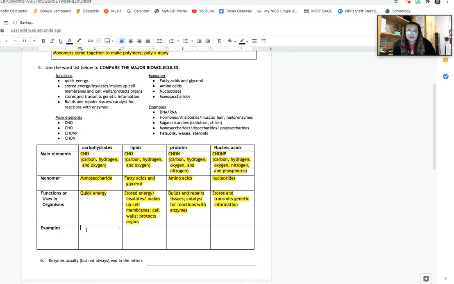Finally, for examples, carbohydrate examples are monosaccharides, disaccharides, and polysaccharides. For lipids, it's fats, oils, waxes, and steroids.